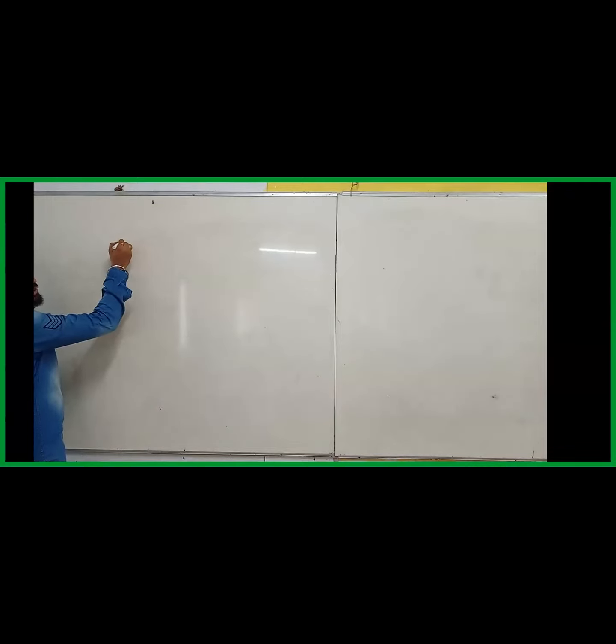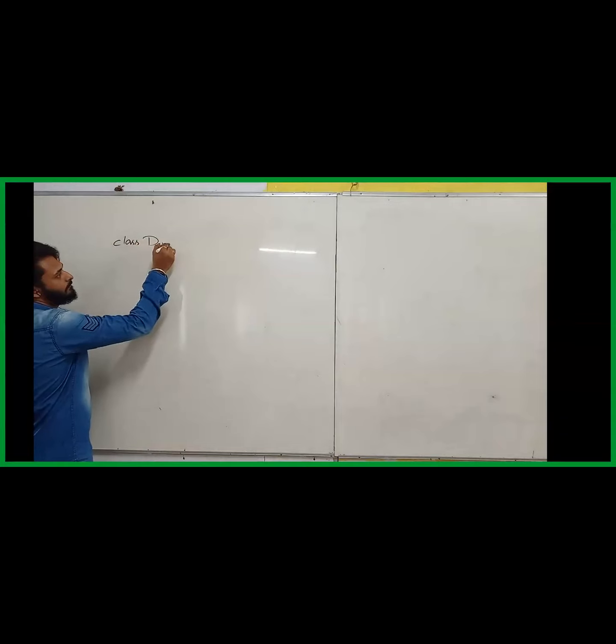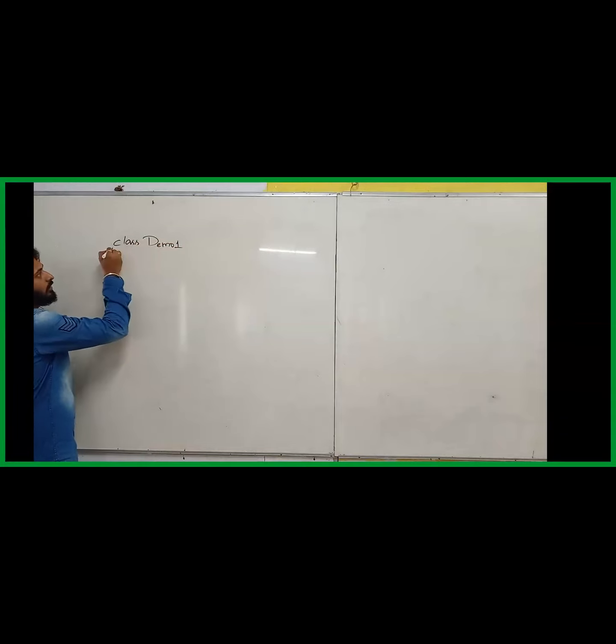So here, assume that I'll take one class called Demo1. Inside this, if I want to consider any variables, I can consider them inside a class directly. But however, as of now, I don't want to declare any variables.